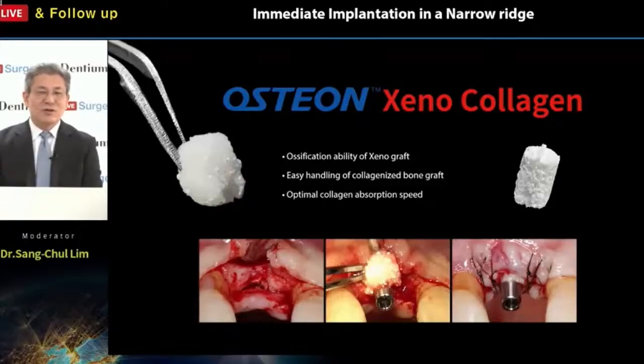As you know, during the GBR procedure, the bone formation procedure, mobility is the worst situation. So stability is the most important thing for new bone formation, right? This graft material helps stabilize the bone grafting material in the defect area, so Osteogenocollagen helps create a better bone-forming situation.